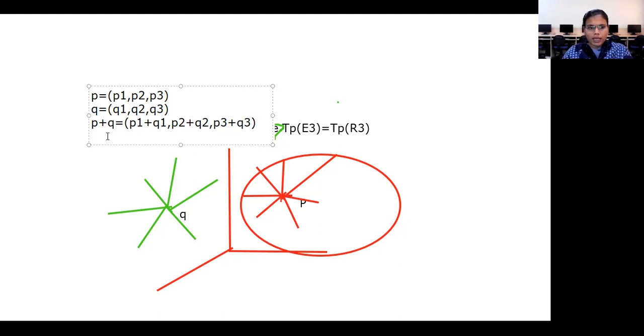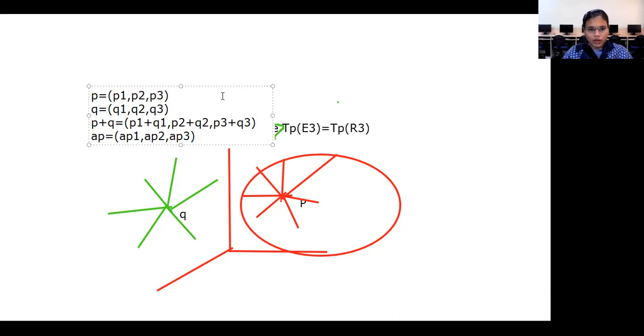And what will be the scalar multiplication? If a is any scalar, and I want to multiply a scalar with a vector P or a point P, then what will be the resultant? This scalar will be multiplied to every coordinate, that is aP1, aP2, aP3.